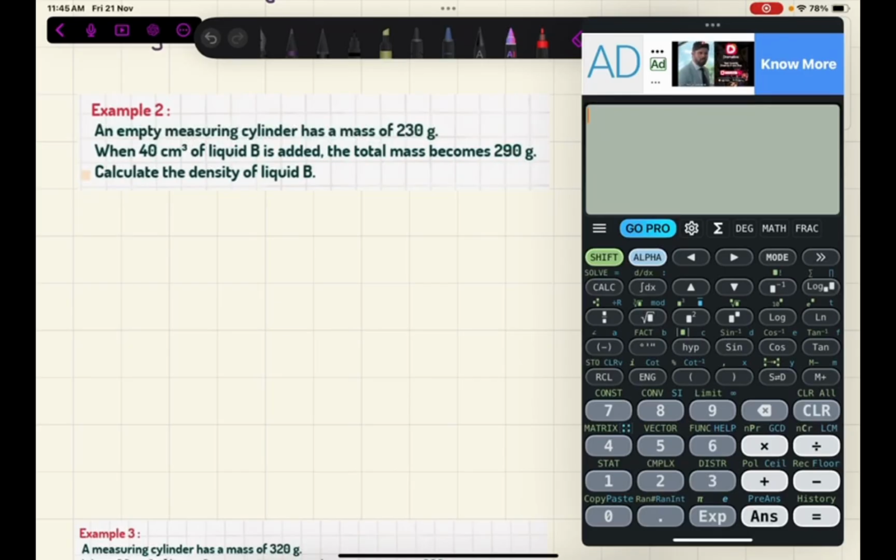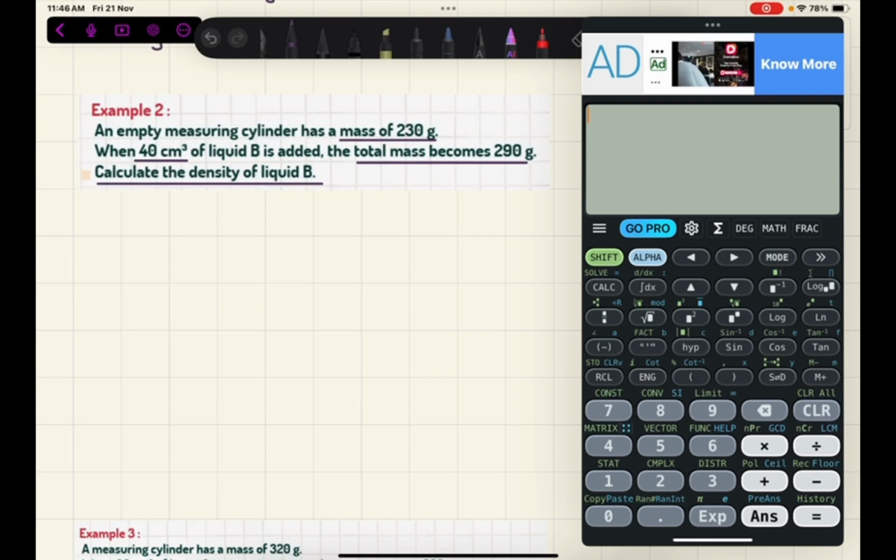Okay, so let's continue with example 2. Example 2 is about an empty measuring cylinder that has a mass of 230 gram. This is the first information that we have. When 40 cm cube, this is the volume, is added, the total mass becomes 290 gram. The question asks to calculate the density of liquid B. Actually example 2 is the same as example 1, so let's do it together.